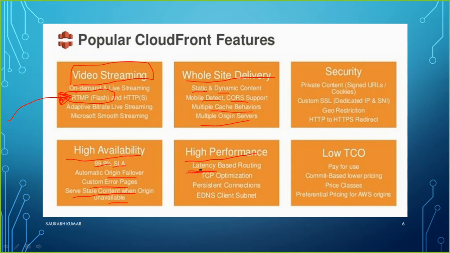So whenever I want to watch that video next time, my computer request will not be required to go to the American server. It will be resolved from the cache server located in India itself. So it works on latency, TCP optimization, persistent connections, EDNS client subnet.